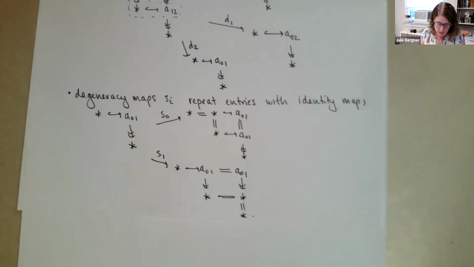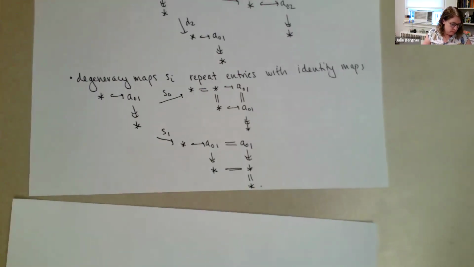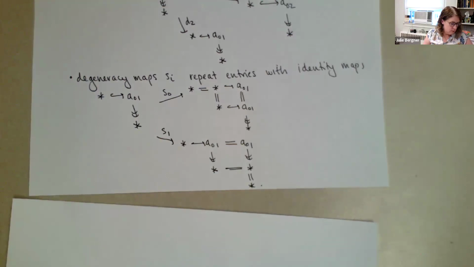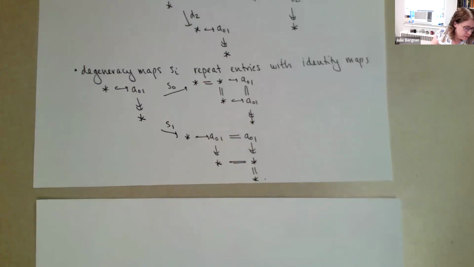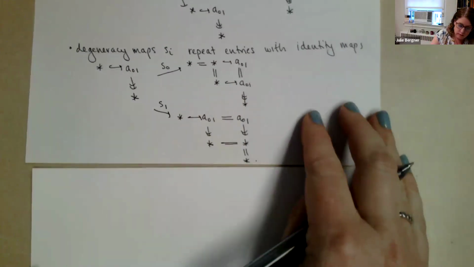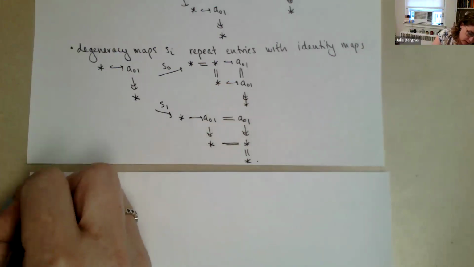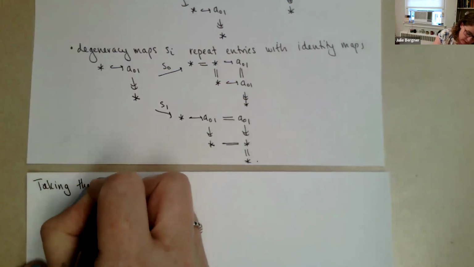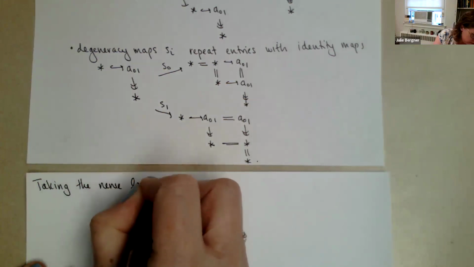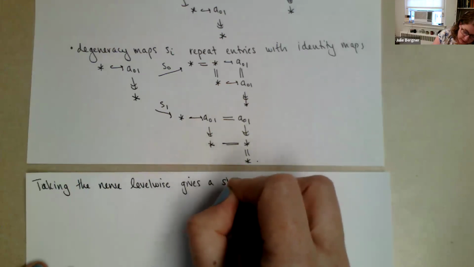So that's the simplicial structure. All right, so now let me just make a comment about the connection with K-theory here. So if we take the level-wise nerve, this is going to give a simplicial space.